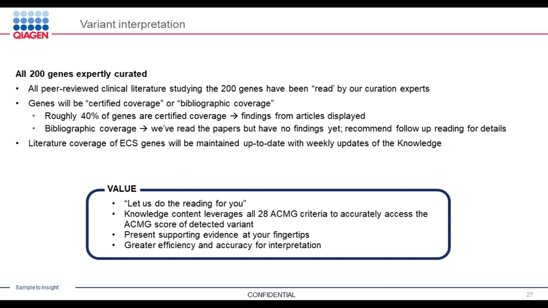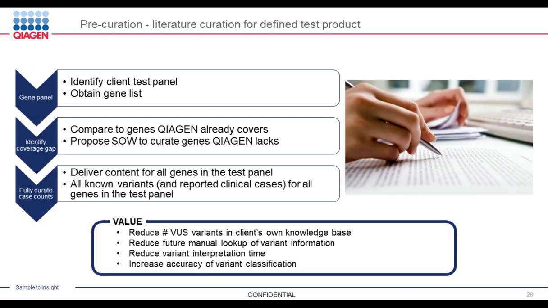Because we've found all this information and put it into a database, we can quickly pull up the evidence and the cited article to show you the evidence and make this evidence available at your fingertips. And this results in greater efficiency and accuracy of your variant interpretation.